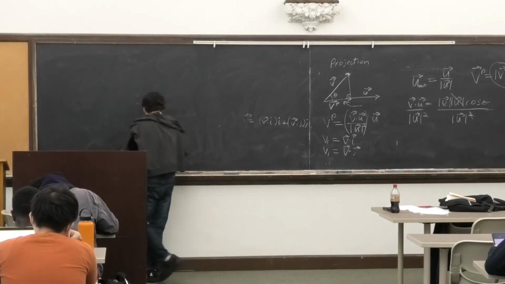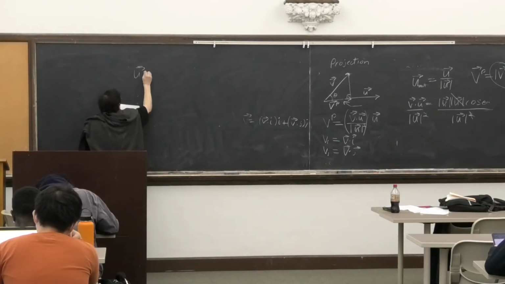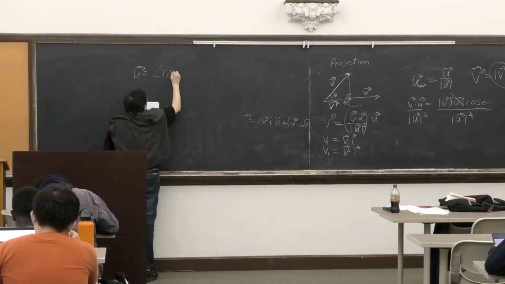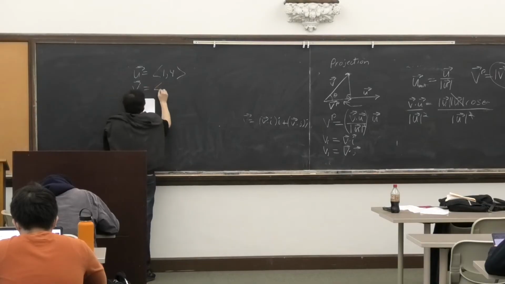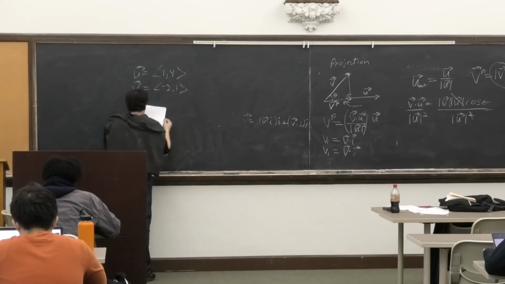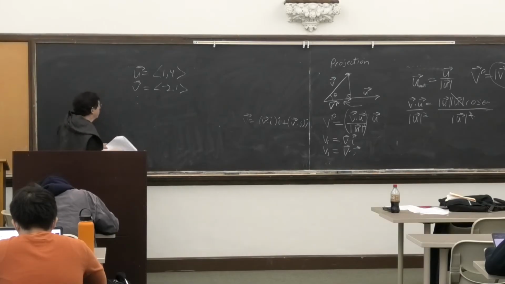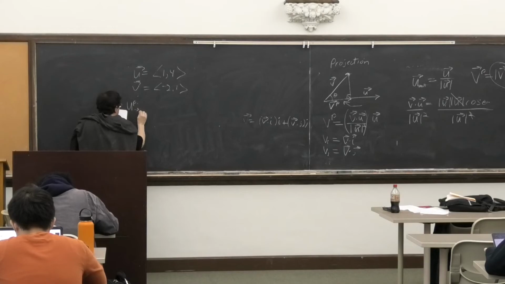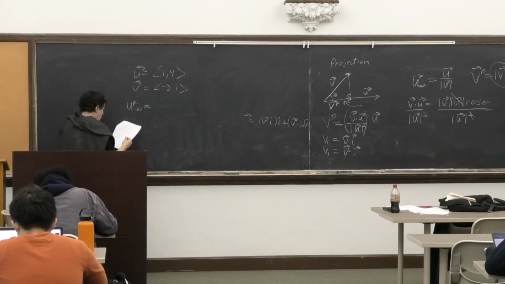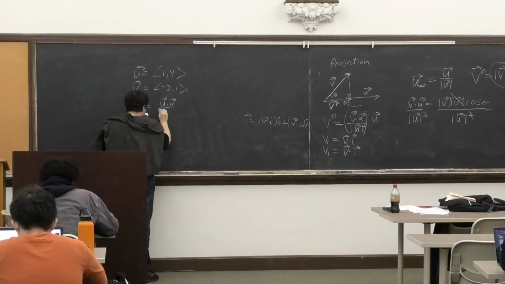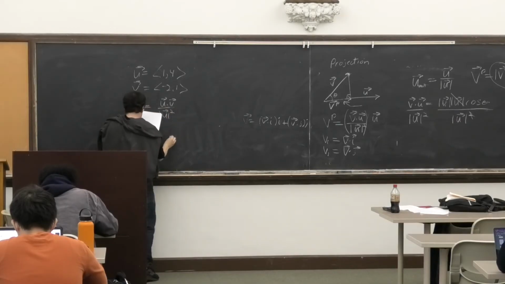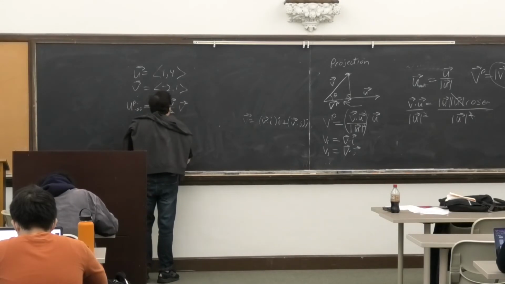Let's take u equals (1, 4) and v equals (-2, 1). And let's look at the vector u projected onto v. So that's going to be u dot v over the norm of u squared times the vector v.